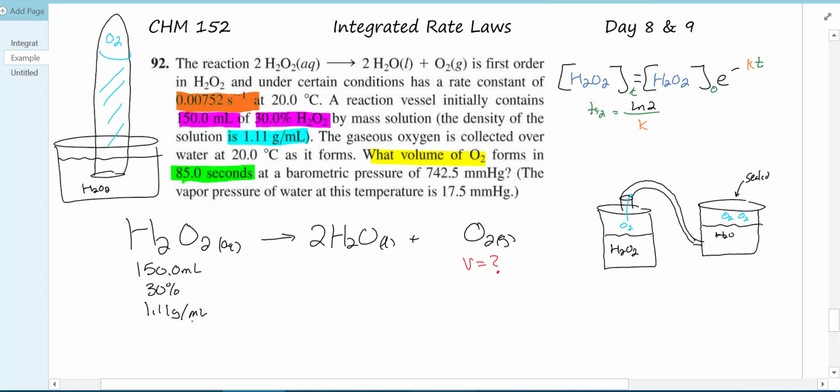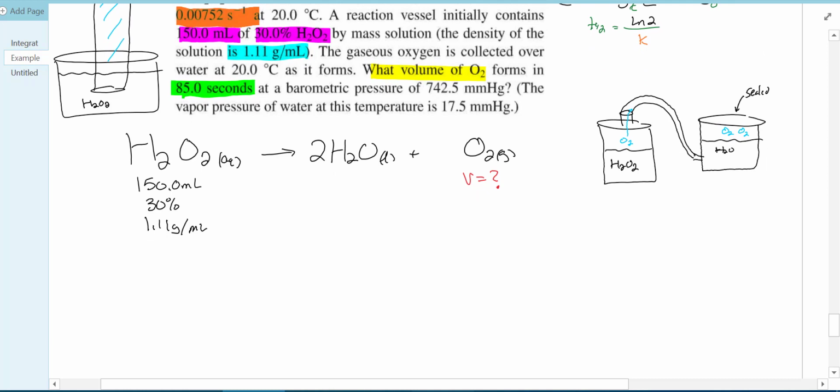All right, let's break these down. I like to do this. The 30% is really 30 grams of H2O2 per 100 grams of solution. That's our mass percent.